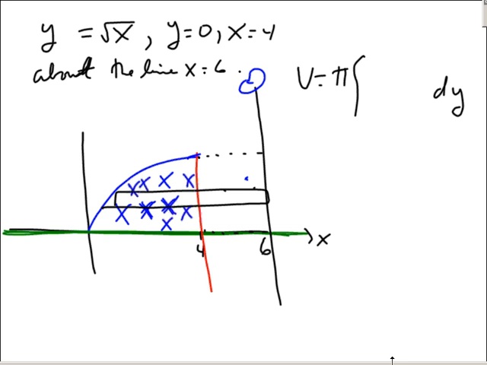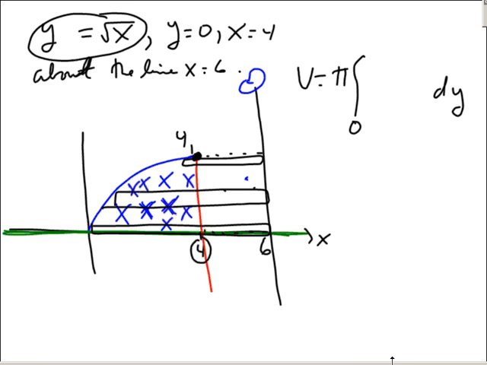So what we need to decide is, what's the lowest rectangle? Well, the lowest rectangle is going to come from 0. And the highest one is going to go up to this height right here. Well, I know the x value is 4. To find the y value, I take the square root of 4. So it goes up to 2.